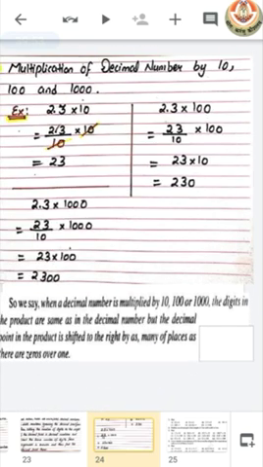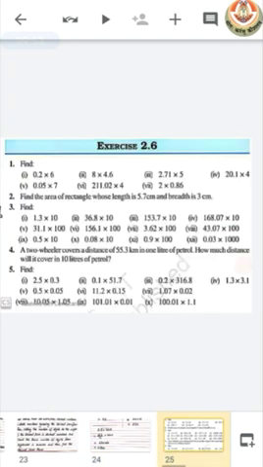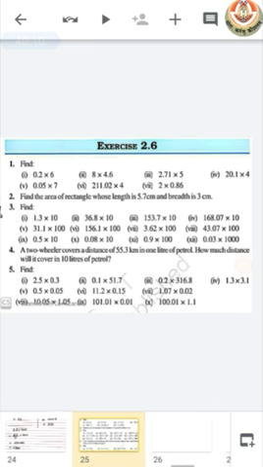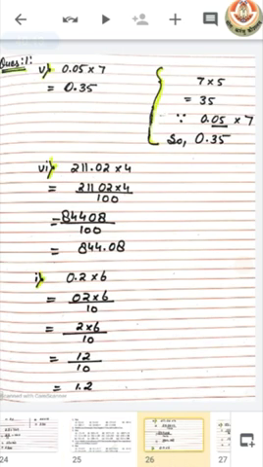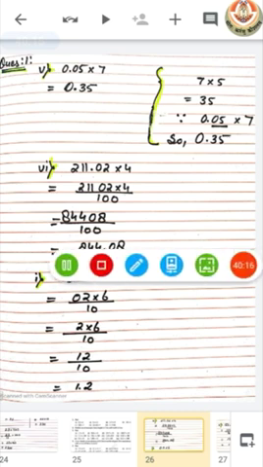Now after this, let's have a look at exercise 2.6. Here we discuss only the first, third and fifth parts, which are simple multiplication between digits, and the second and fourth will be discussed in the next class. So for the first part, how can we multiply a decimal with a whole number?